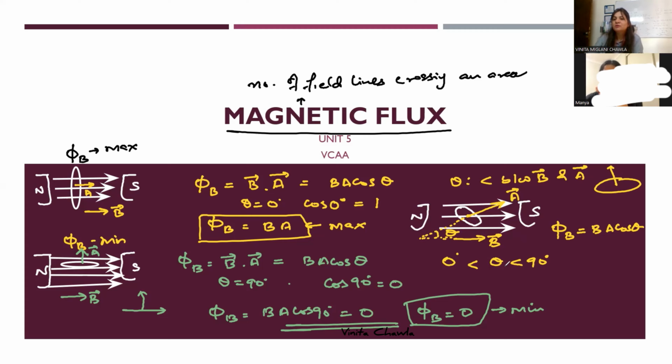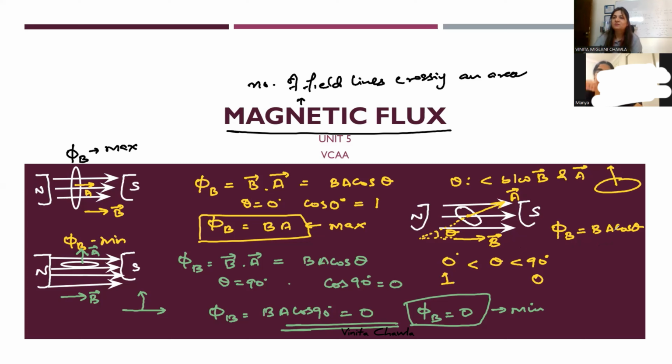Any value between 0 and 90 gives a value which is neither maximum nor minimum, because at cos 0 degree we get the maximum value 1, and at cos 90 degree we get the minimum value 0. So lines will cross the coil, but comparatively fewer lines will cross.